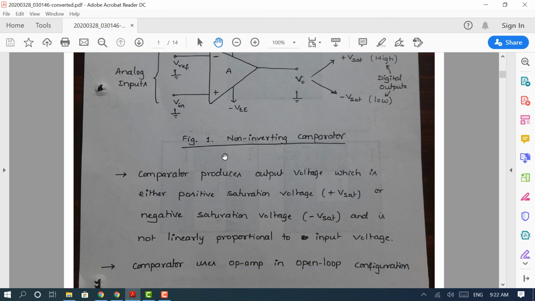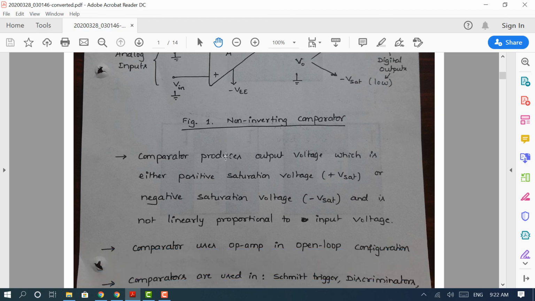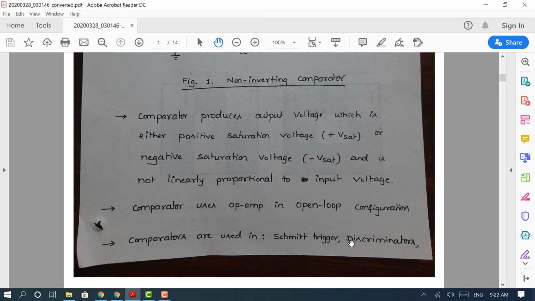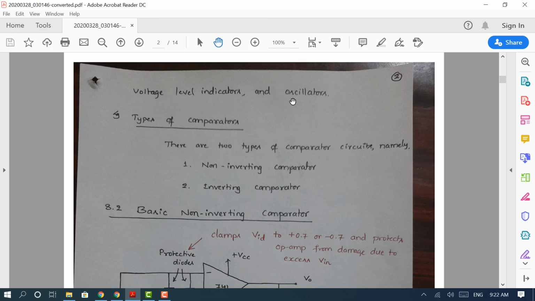The comparator finds application in different circuits such as Schmitt trigger, discriminators, voltage level indicators, capacitors and oscillators. There are many more circuits where we can use comparators. That's why the comparator plays an important role.